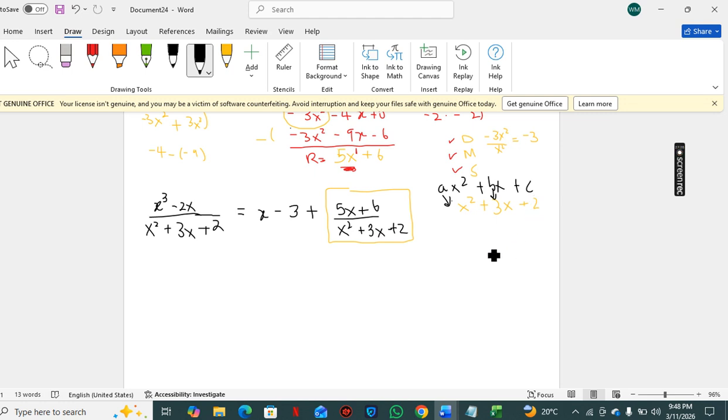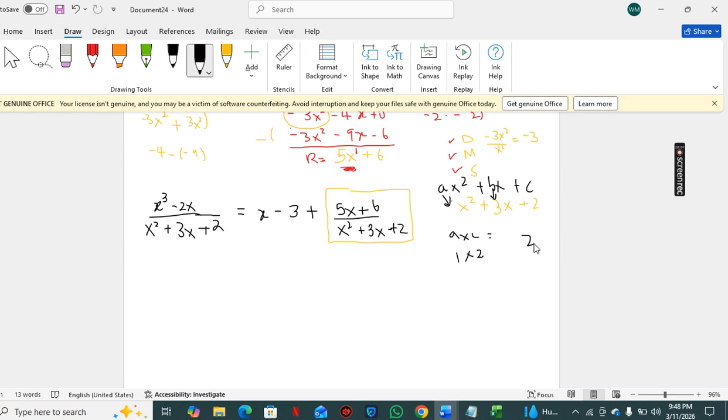So remember, with quadratic equations, just multiply first a by c. So a is 1 because there's a 1 in front of the x squared. C here is 2. So 1 times 2, we're going to get 2.